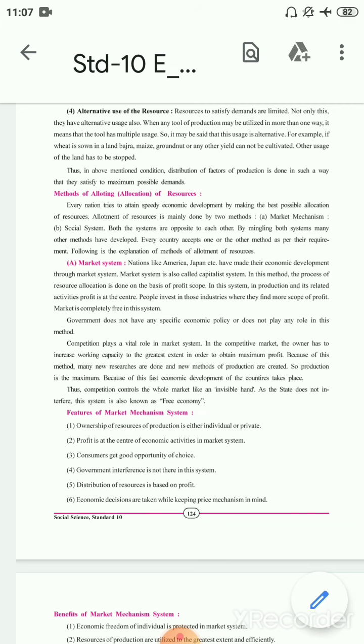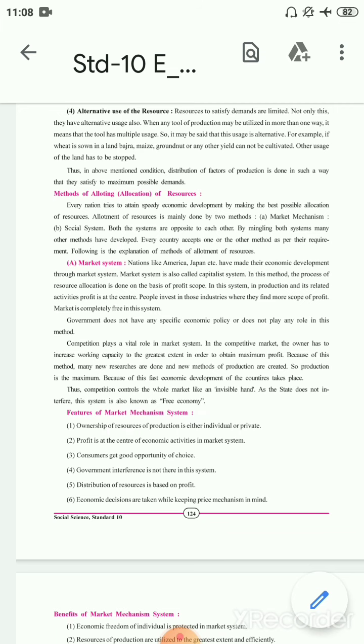The features of market mechanism system. Please underline, and they are asked as 2 marks question. Ownership of resources of production is either individual or private. Second, profit is at the center of economic activities in market system. Third, consumers are getting good opportunity of choice.